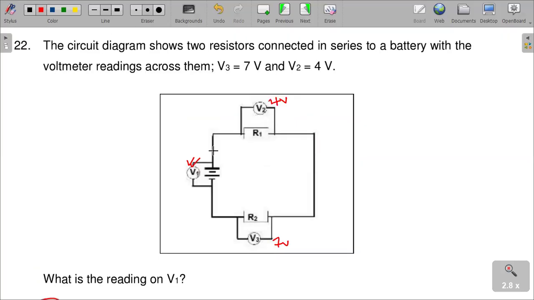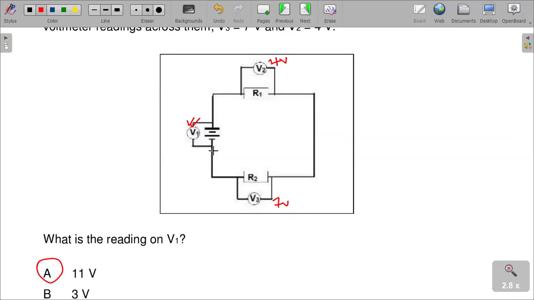V1 is equal to V3 plus V2, which is 7 plus 4, and then we have 11 volts.